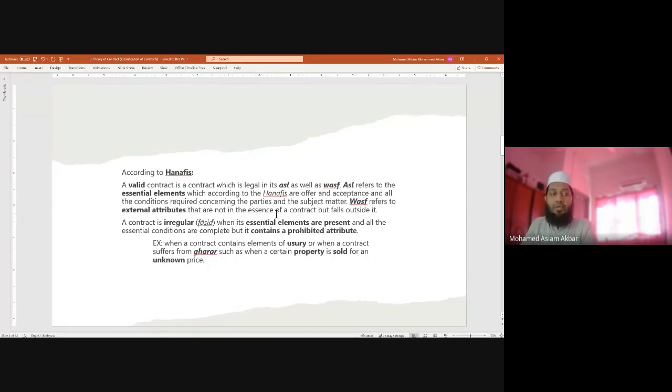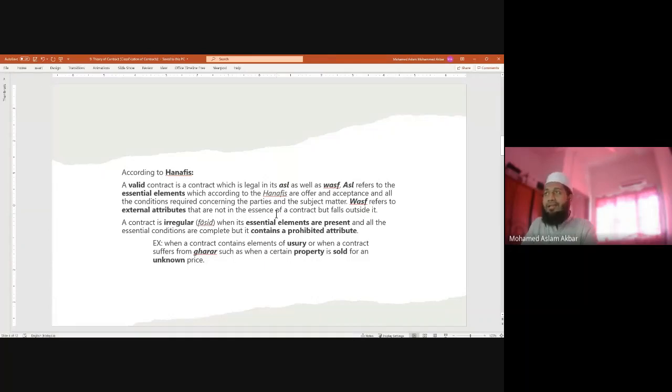And if there is no subject matter, which means the product, the one you are selling, whether it is a book or phone or car or property, whatever it is, if it is not there, the offer and acceptance won't be there. That's why, according to Hanafi, offer and acceptance are the main 2 pillars of the contract. So whatever concerning the conditions, this is what we call asal.